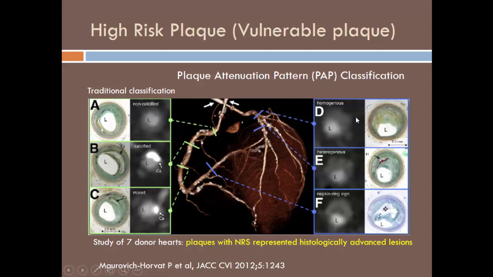The non-calcified plaques were found in 3 categories: homogeneous plaque, heterogeneous plaque, where you have both areas of low attenuation and high attenuation, and then plaque with napkin ring sign. They thought this perhaps is the most prevalent in these patients, and as I said here, plaques with napkin ring sign represented histologically advanced lesions.